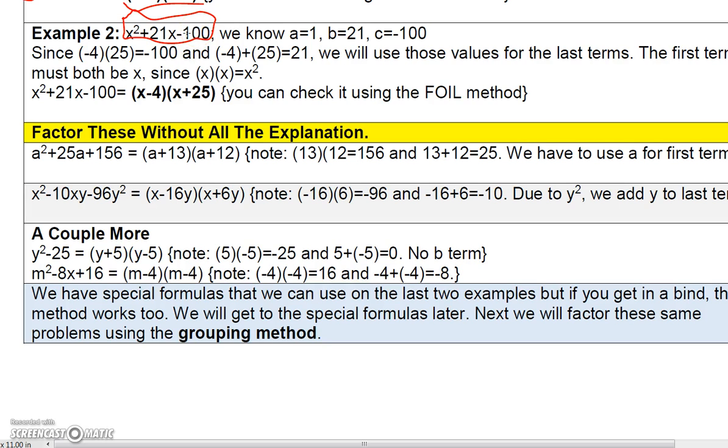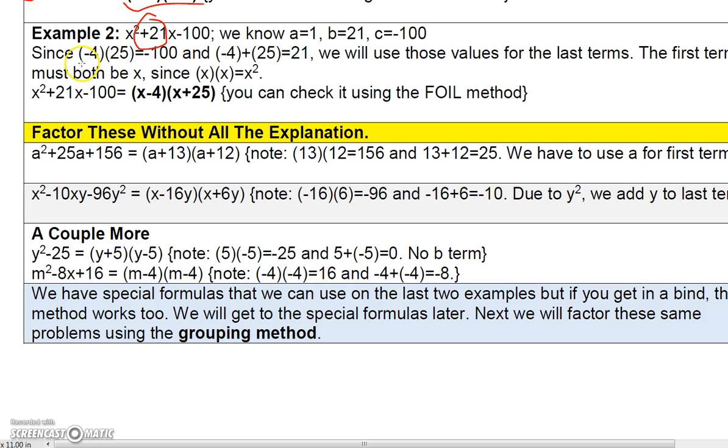So it could be something like 10 and negative 10, or negative 4 and 25, or something like that, because those products are negative 100. But here's the catch. We need to use factors whose product is negative 100, but whose sum is positive 21.